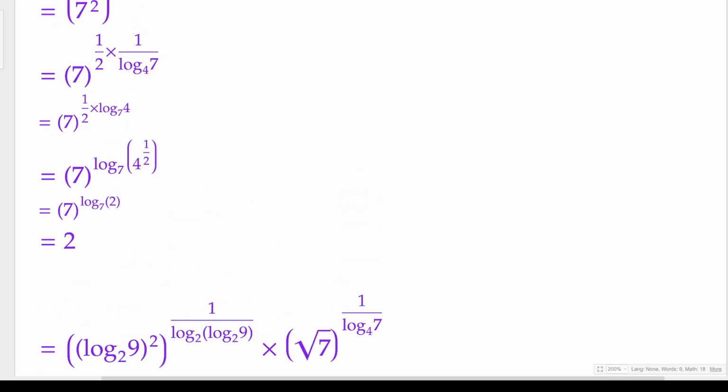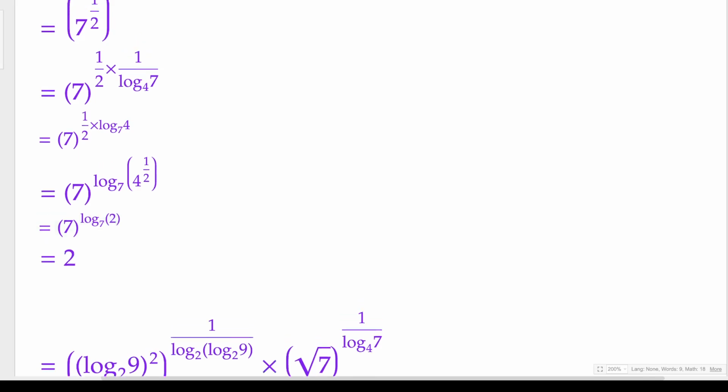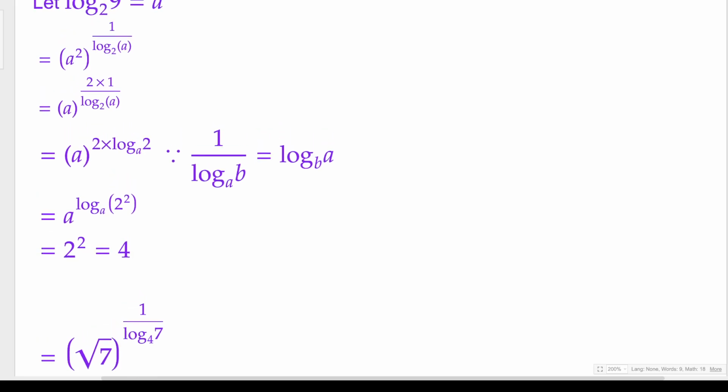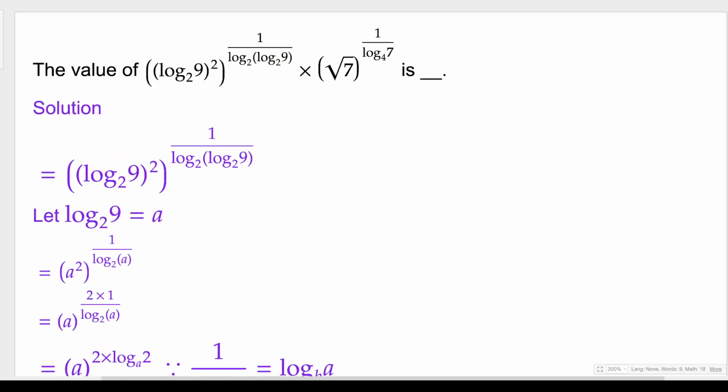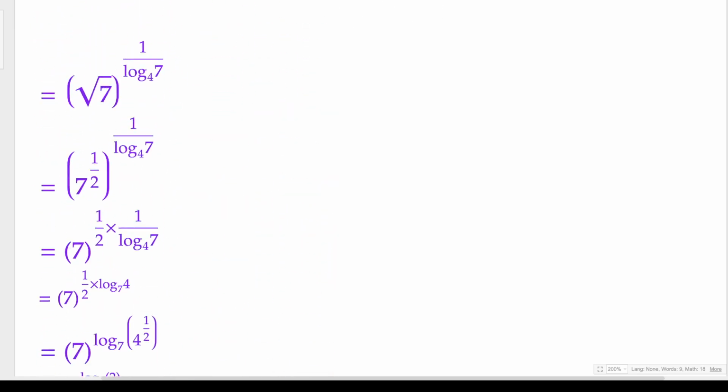We have used this property: a to the power log of base a and argument b gives b itself. The other property is the inverse, or division, property: 1 over log of b base a, where the argument and base get exchanged. Using these simple steps, we have solved this particular problem statement.